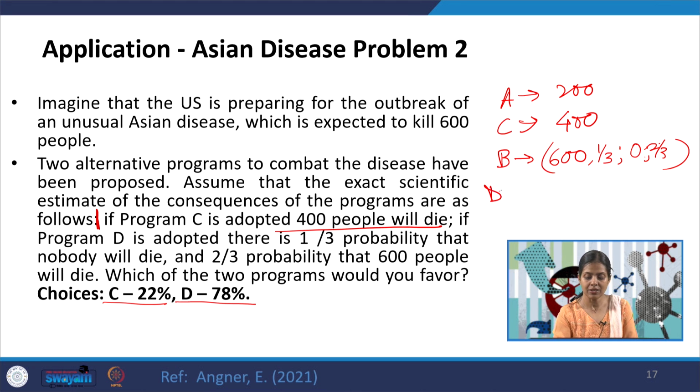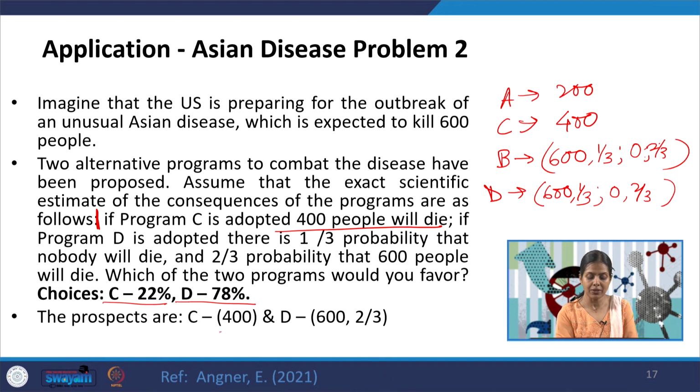In a similar fashion, D says that if 1/3 probability is there that nobody will die, nobody will die implies that 600 people are going to be saved, and then there is 2/3 probability that 600 people will die. So, 2/3 probability that nobody is going to live, again it is the same thing, right.